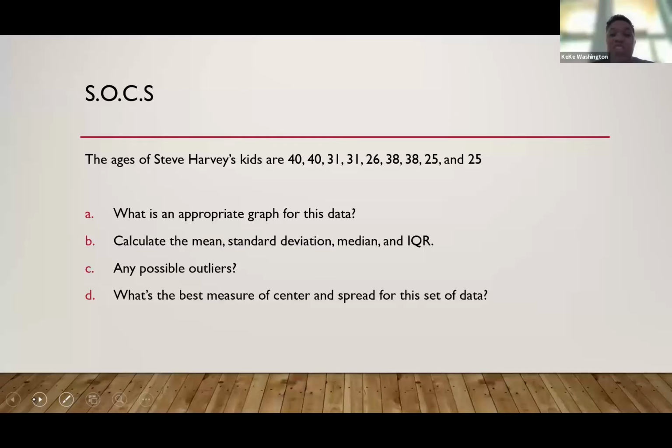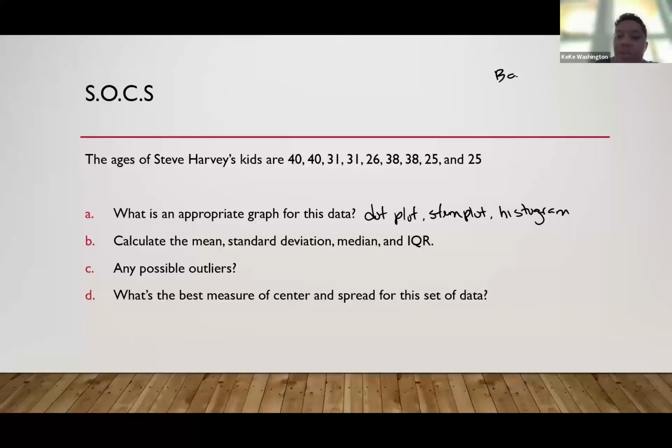All right, and this is chapter 3. When we are given this set of data, what's an appropriate graph for this data? Well, for one, the data is numerical. Because it's numerical, we can create a dot plot, a stem plot, or a histogram.